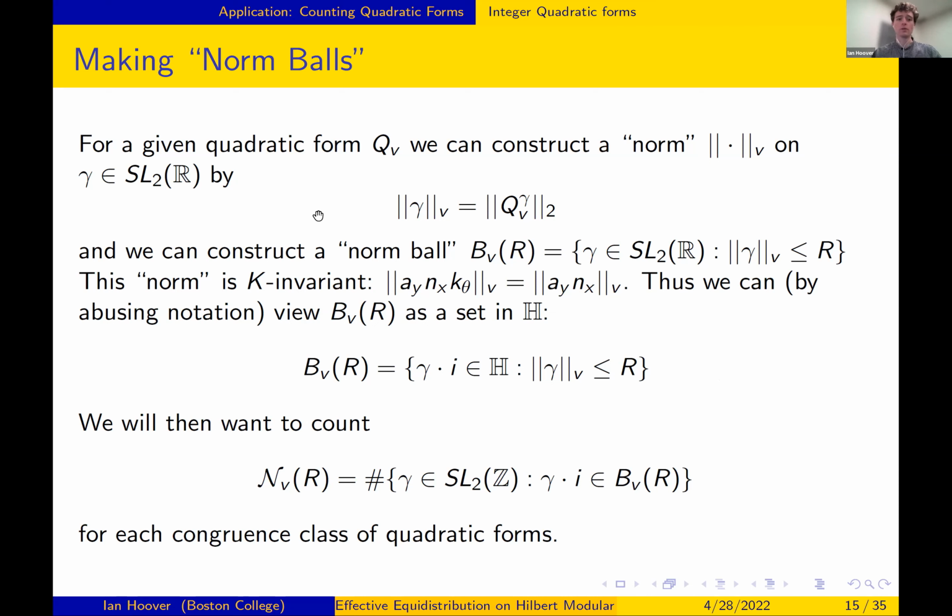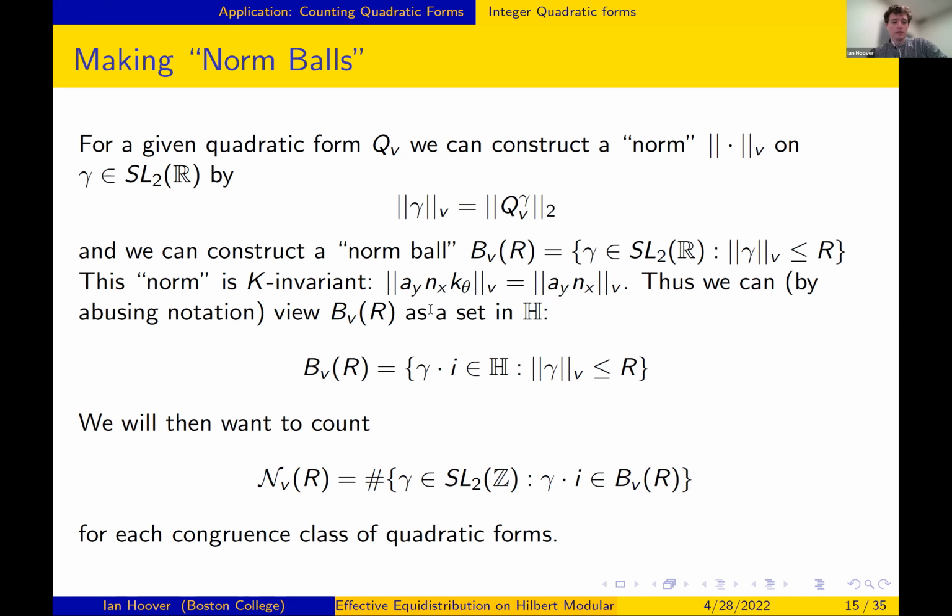The norm has to be in quotations now, as it doesn't satisfy the axioms that you normally associate to a norm on our set of matrices. But what you can show is that the normal Euclidean metric on triples that are our forms is a k-invariant function on our matrices.